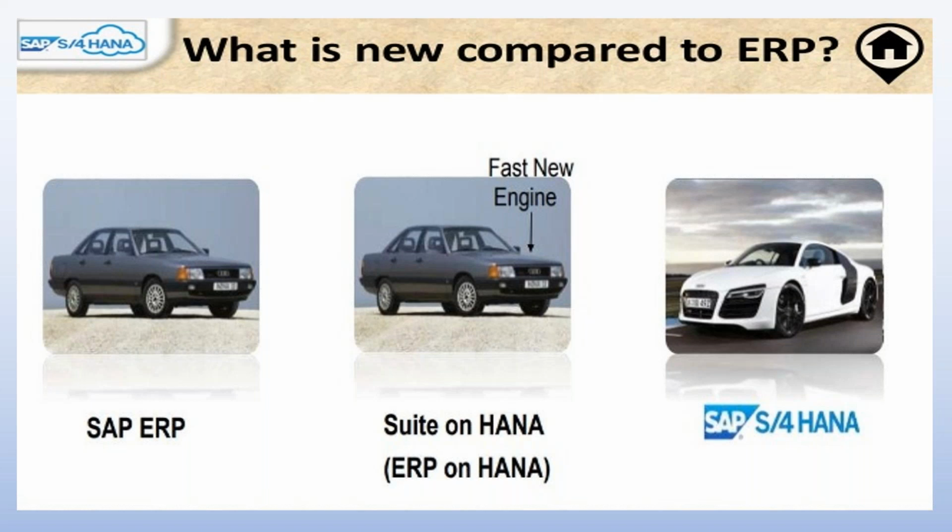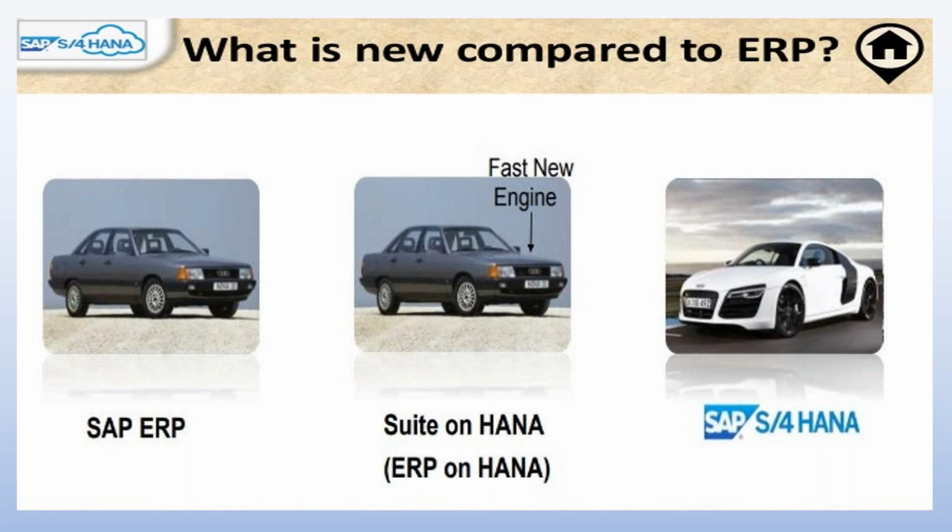That is called business suite on HANA. The first image is the business suite. The second image is the business suite powered by HANA database, called suite on HANA. But the third, the final one, is called S4HANA. Here your entire application is redesigned.